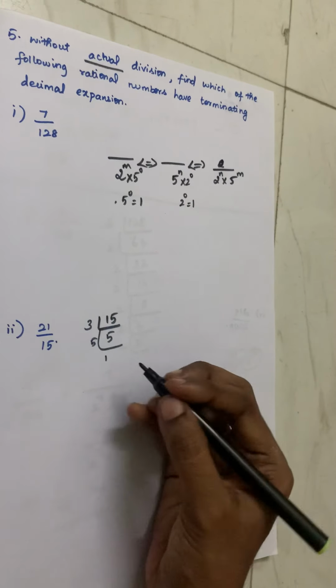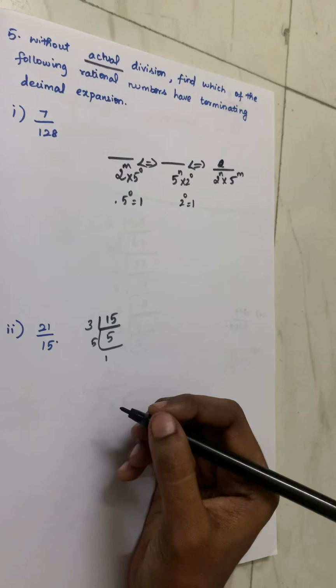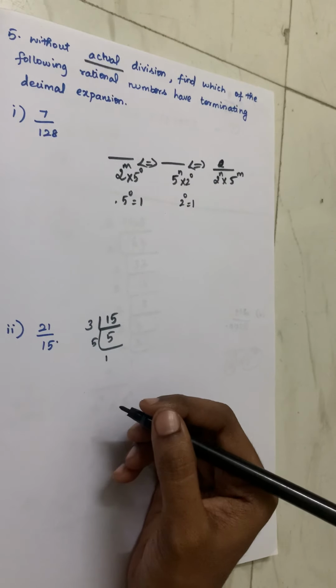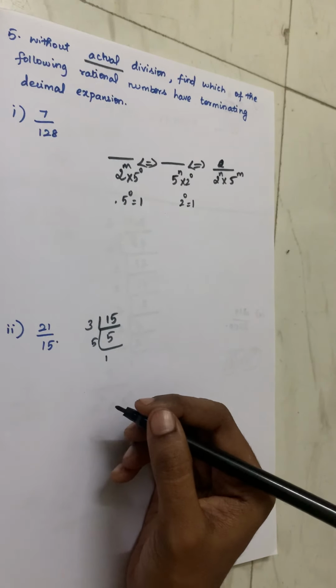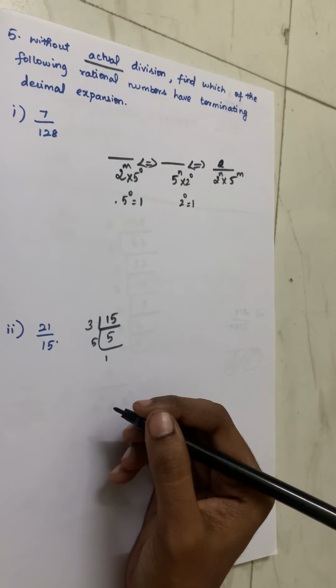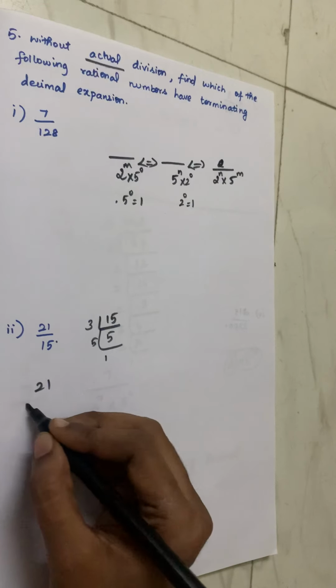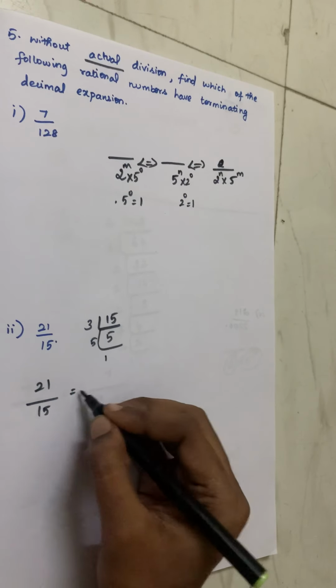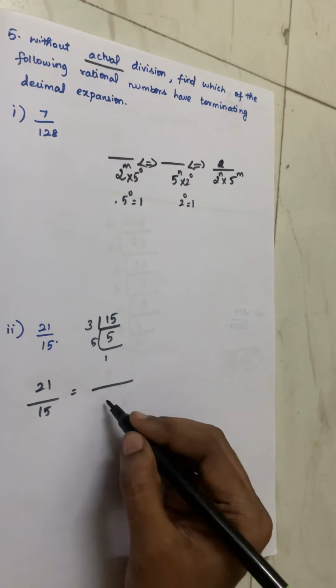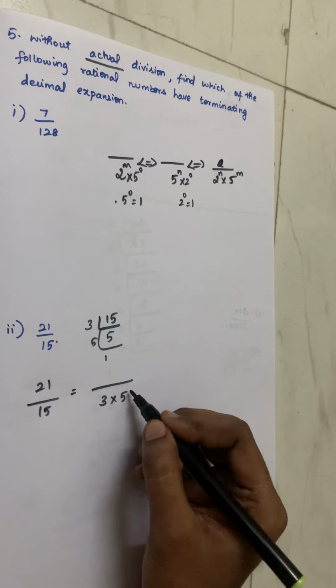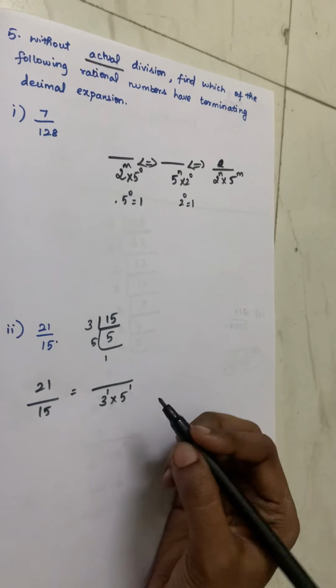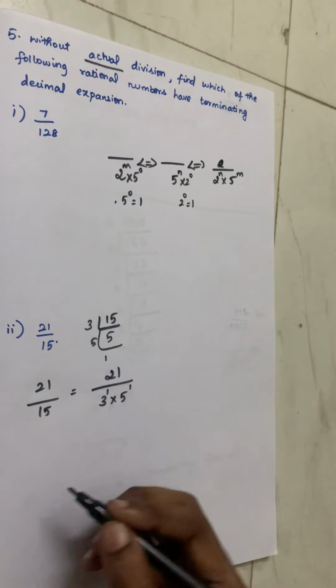So 21 by 15 equals 3 into 5, 5 one time, 3 one time, and this 21.